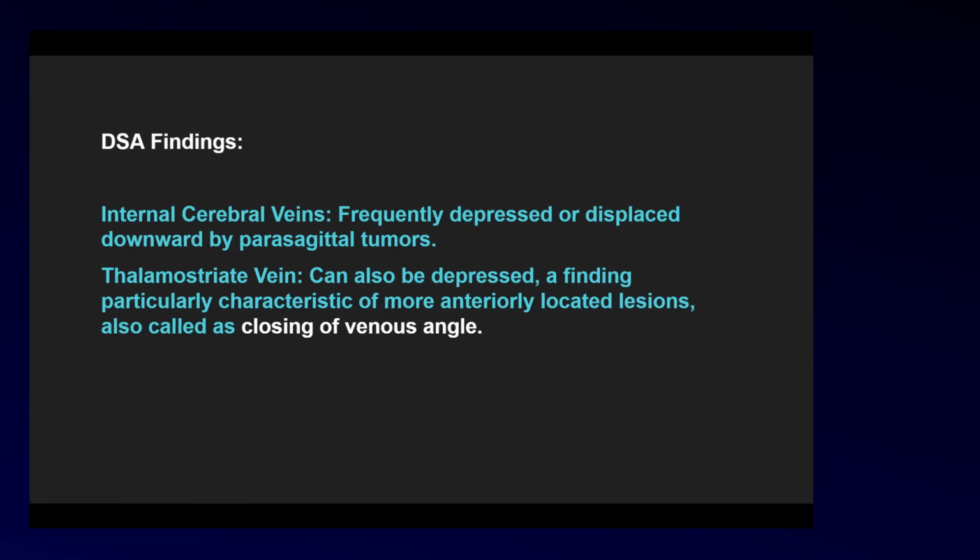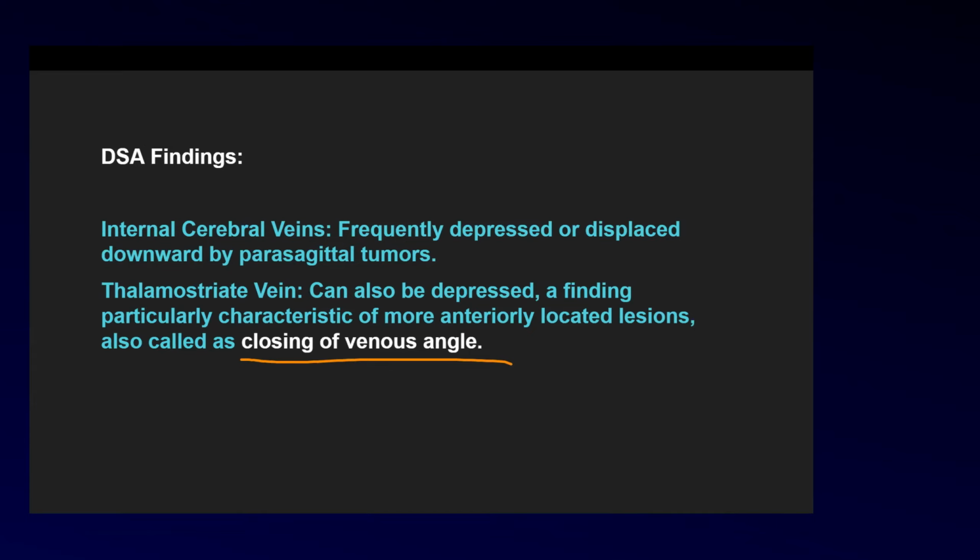Apart from that, there is one thing which is called closing of the venous angle. If a lesion is more anterior, it can cause pressure on the thalamostriate vein and it can become depressed. The venous angle usually looks like this. By the closing of the venous angle, this is how it is going to look. The angle is going to be more acute.